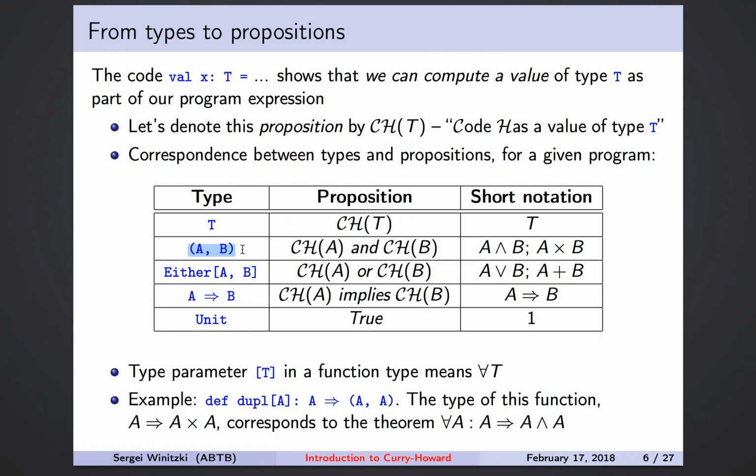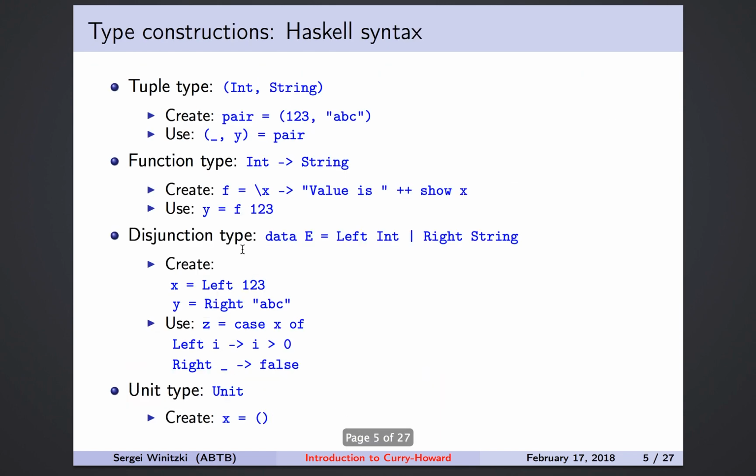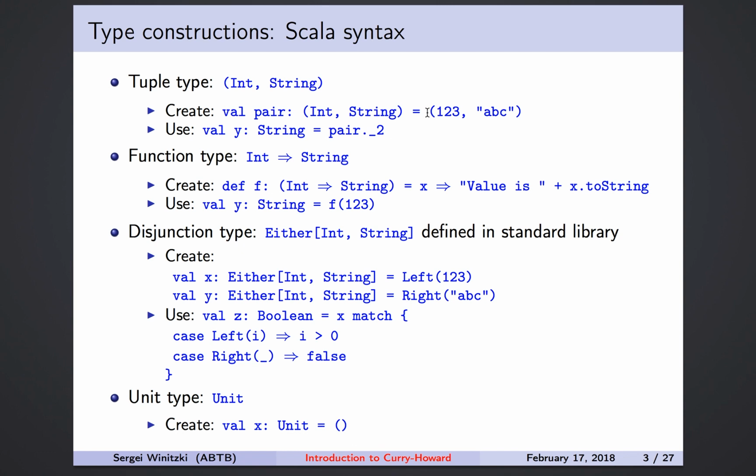Consider now the tuple type. The tuple type means that somewhere in your program, let's say, you have computed a tuple value. Well, it means that you have computed the integer, and also you have computed the string. There's no other way to compute a tuple value. You have to compute both parts of the tuple, or all the parts of the tuple, if there are more than two.